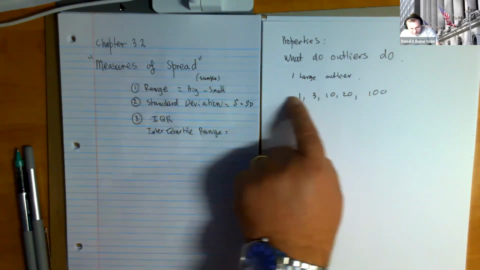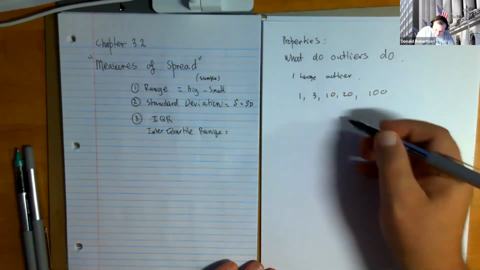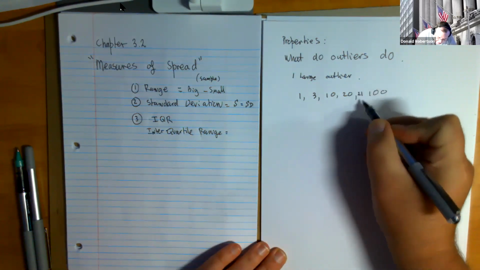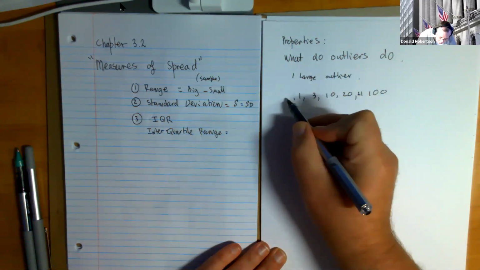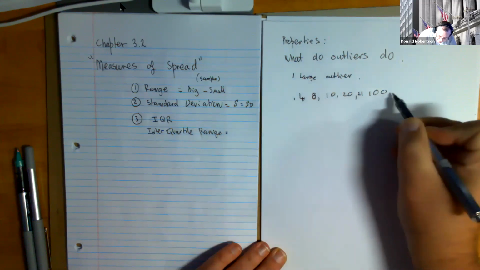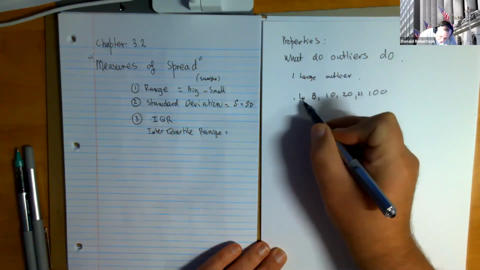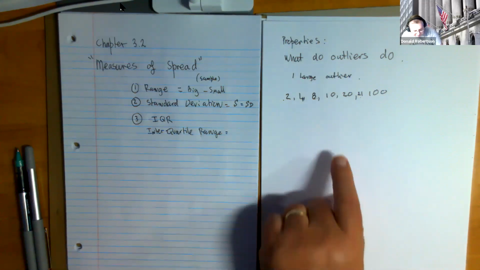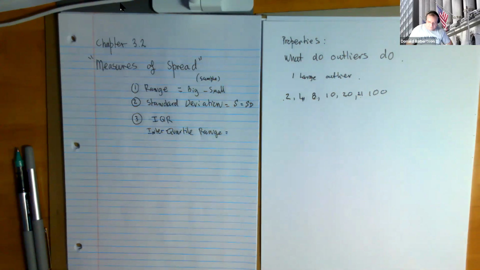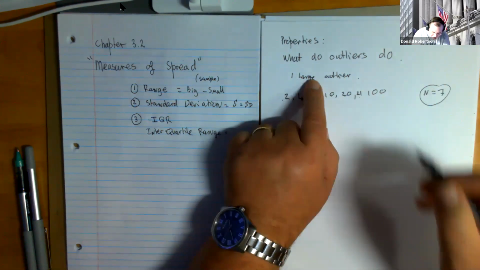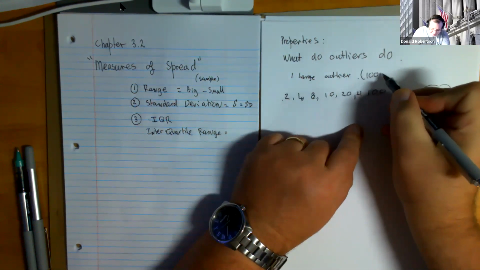Actually, I'm going to have to put in maybe a few more numbers. Yeah, that'll do. Right, one large outlier. It's that guy, 100.